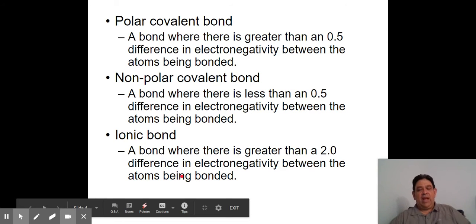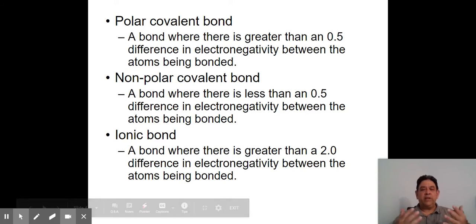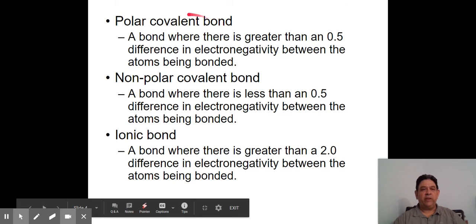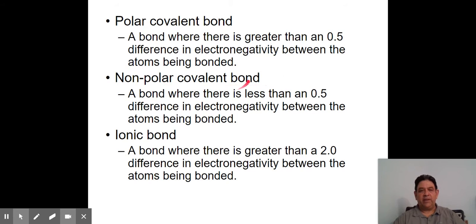And we're going to get three types of bonds from this. We're going to get polar covalent bonds, which is a covalent bond that is polar; a nonpolar covalent bond, which is a covalent bond that is nonpolar; and then there is the ionic bond, which we've already kind of talked about. The polar covalent bond is one that occurs when there is an electronegativity difference greater than 0.5 between the two atoms, between the two elements.